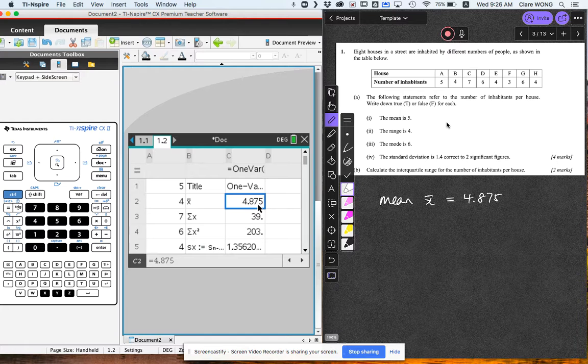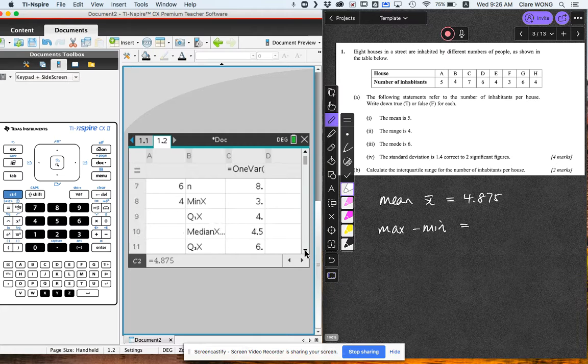You don't know the range, but the range is max take away min. So if you go down, the max is 7. The minimum is 3. So the range is 4. The mode is the most popular number, which you can see 4 happened 3 times. So the mode is 4.